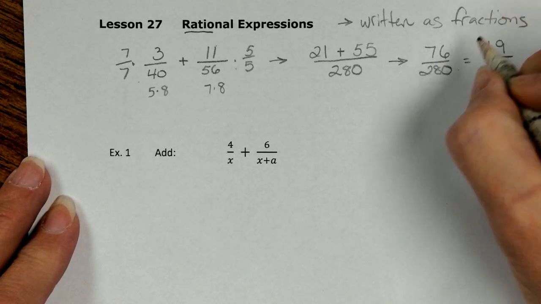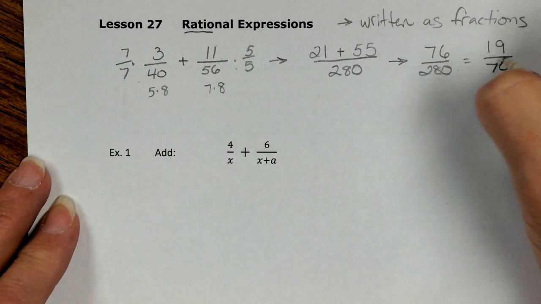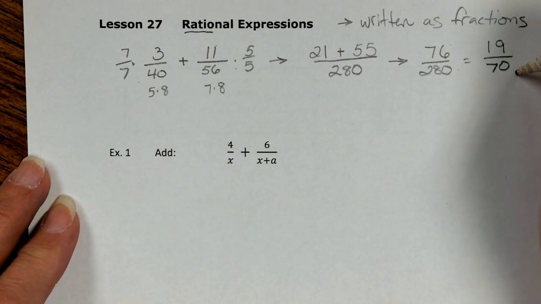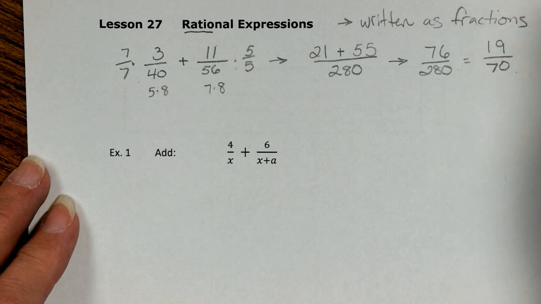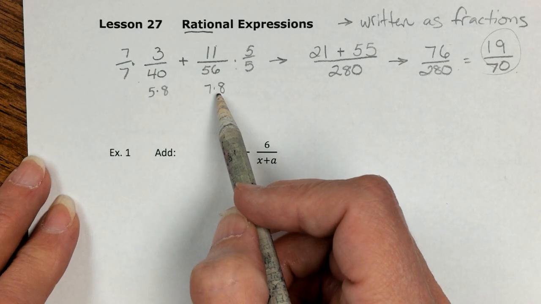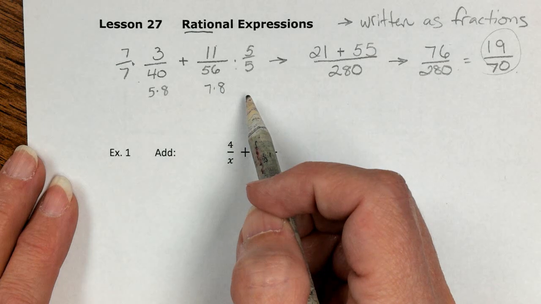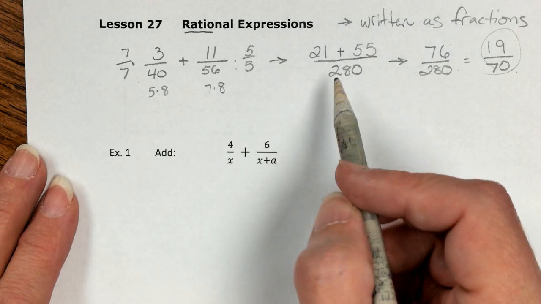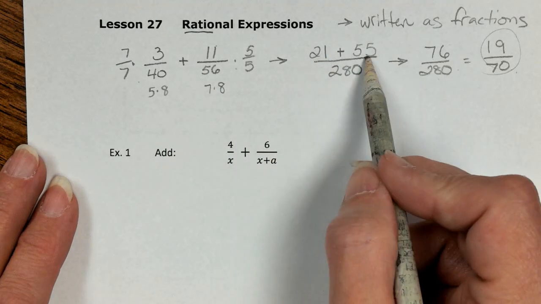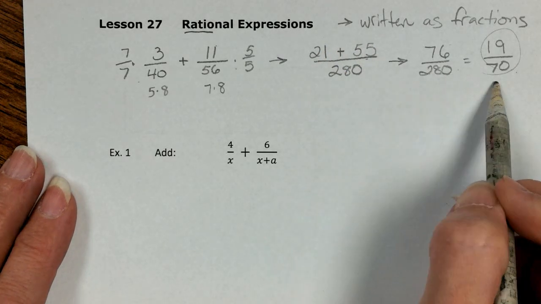And dividing that by 4, we're getting 70. And then that's it. It won't reduce any further. So that would be our answer to that. But anytime we are adding any fractions or subtracting them, the denominators must be the same. So we do that first. Then we add or subtract, as indicated, the like terms, and then simplify.